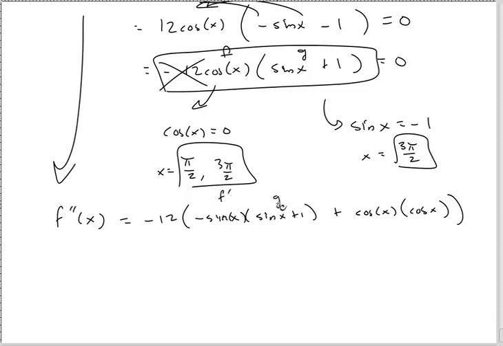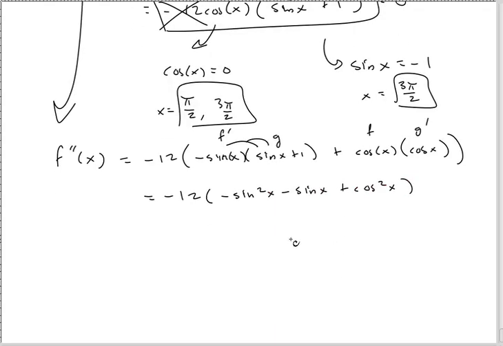F prime G, F, G prime. And the 12 is multiplied by every single term. And so what we actually end up getting here is negative sine squared minus the sine, and then over here we got cosine squared. Okay. I am noticing some particularities. Yep, that's right.